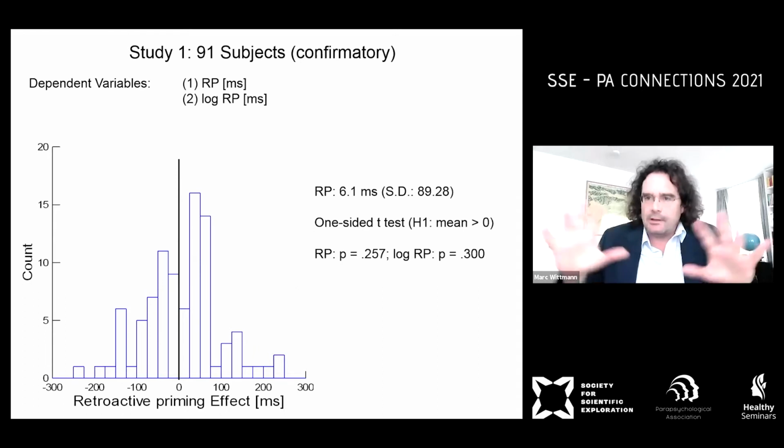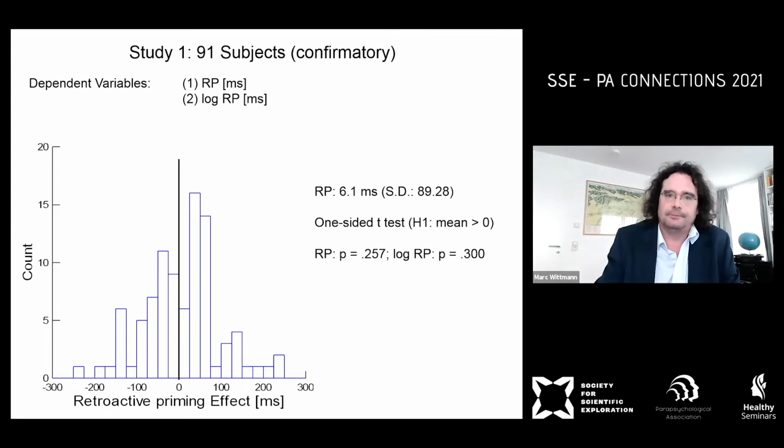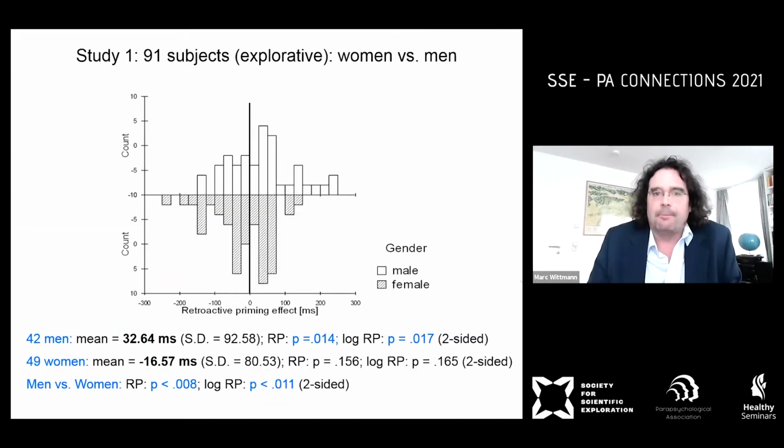Okay, so here already are the first results, study 1, 91 subjects, confirmatory analysis. We find a tiny effect of 6 milliseconds, and in a one-sided test this is not significant. So overall subjects, no effect. But now, looking at men and women differently, we had 42 men, and they, as you see here, have a positive effect of 32 milliseconds, which is significant both for the RP and the log RP value, even in a 2-sided t-test.